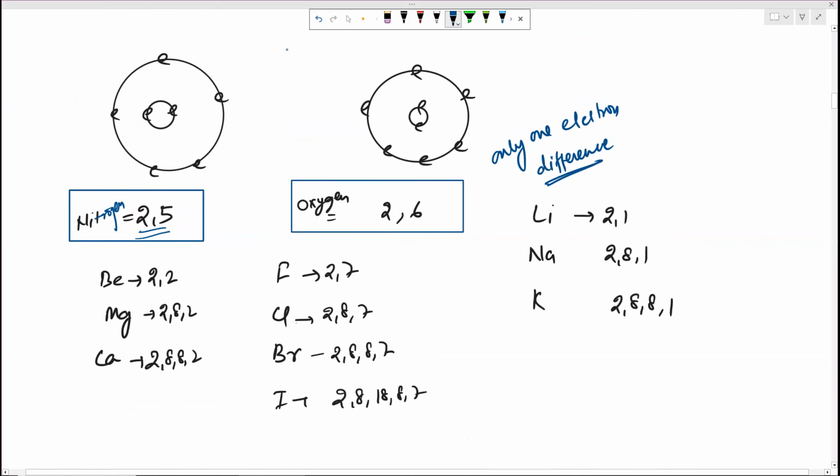Outermost means last shell. In the last shell of nitrogen there are 5, in oxygen there are 6. If the electrons in the outermost shells are the same, they start showing the same property. Different electrons in the outermost shell show different chemical properties.